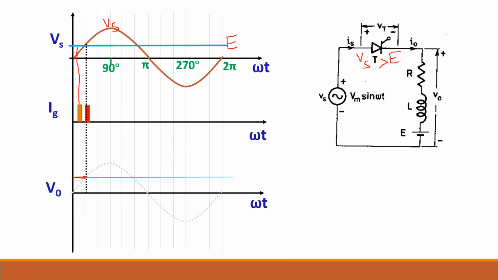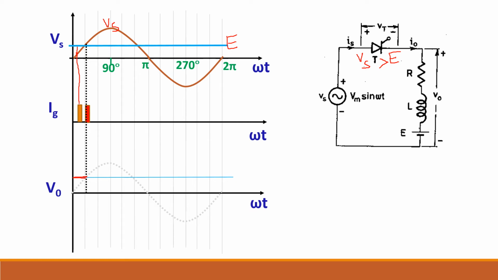Now I can give a gate pulse here because at this junction Vs is greater than E. So when you give a gate pulse after this junction, Vs will be greater than E. If I give a gate pulse at this point, it will start conduction.